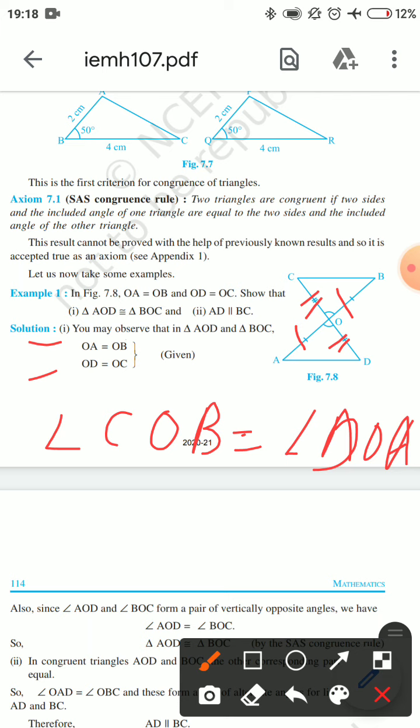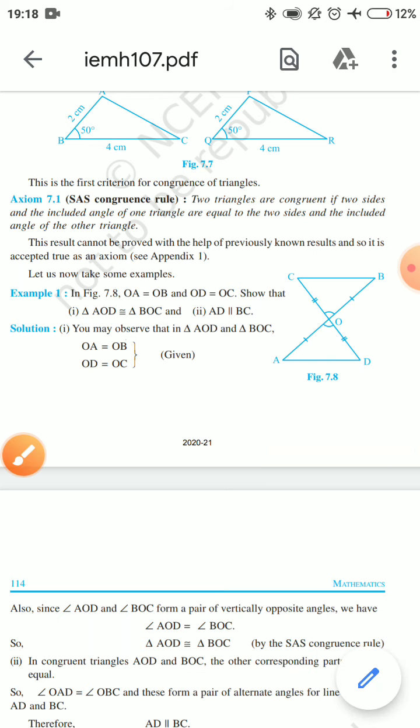So here you can see that this side, this included angle, and another side of one triangle, that is triangle AOD, are equal to side CO, angle COB, and side BO of another triangle. So that's why we can say that these two triangles are congruent. Now the second thing that we have to prove is AD is parallel to BC.